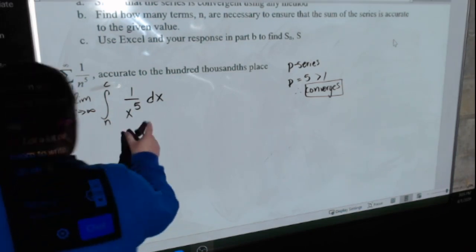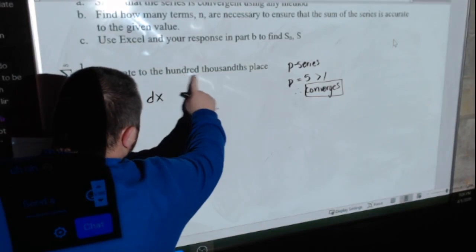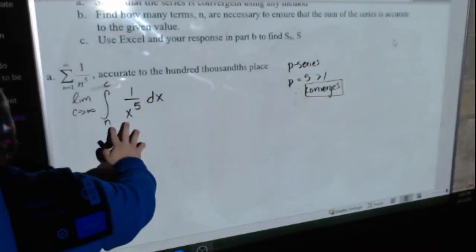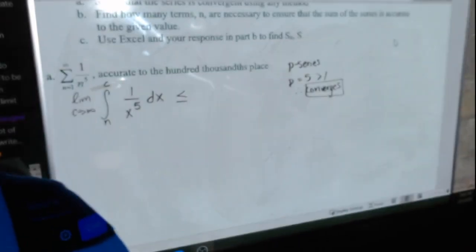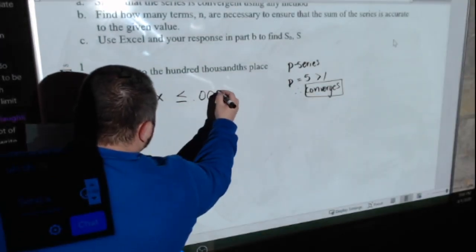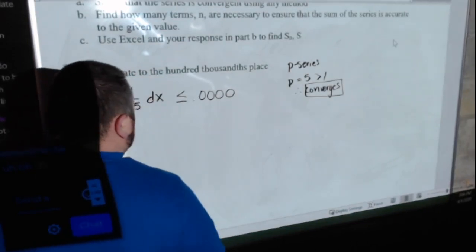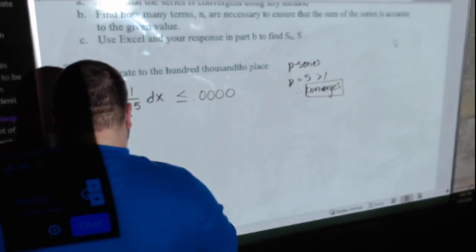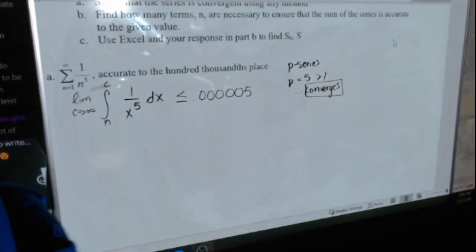Now, I want my error, it says accurate to the 100,000th place. So the error in my sum has to be less than or equal to, so this is tens, hundreds, thousandths, 10,000ths, then I get to the 100,000ths place, but I'm going to go one more and put a 5.